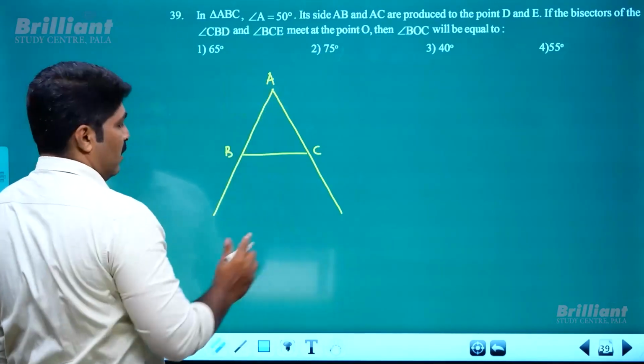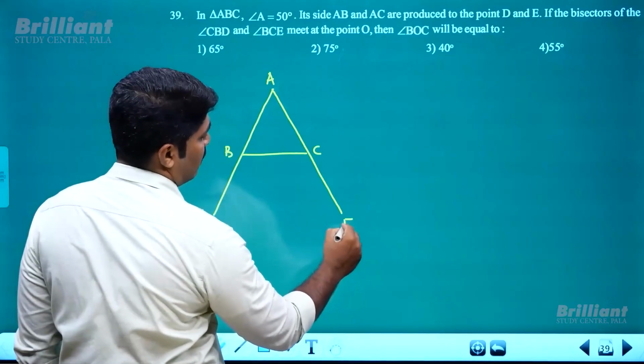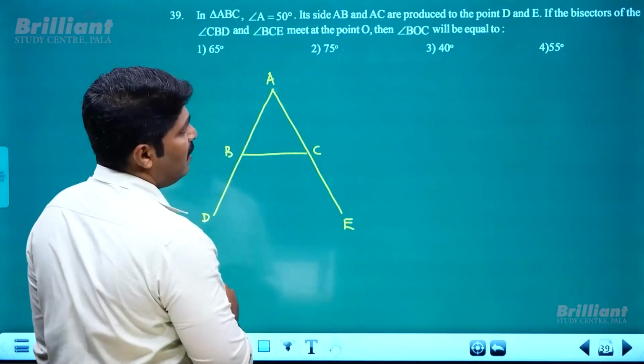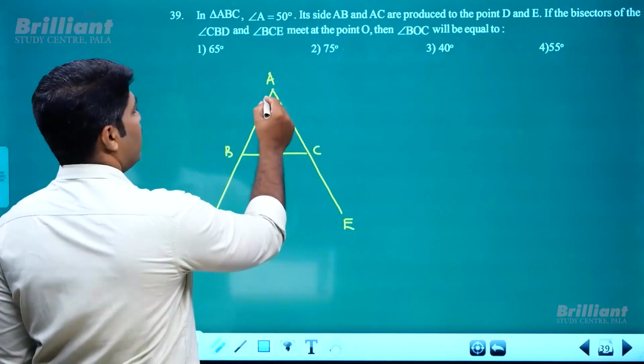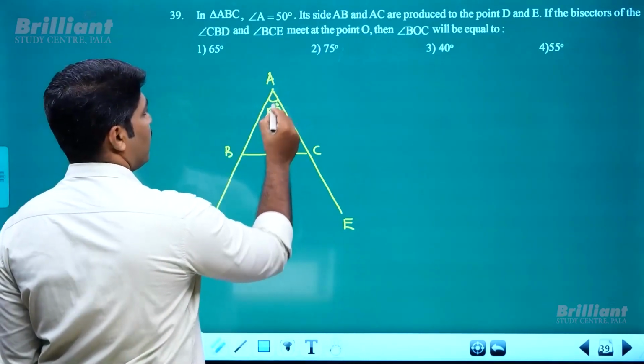AB and AC are produced to the points D and E. It is given that this angle is 50 degrees.